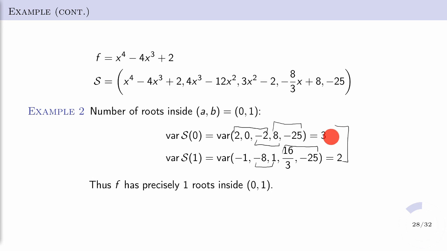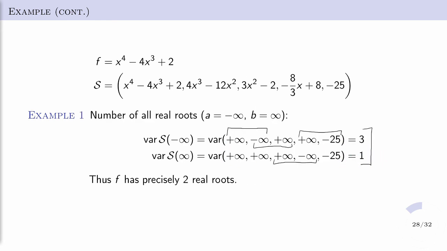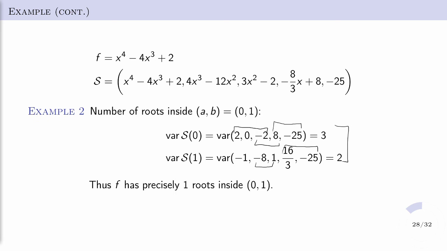So there cannot be any negative roots. So here we have two sign changes, but at infinity we have one sign change. So f has one more root, which is somewhere above 1, between 1 and plus infinity. So the other root of f must be somewhere between 1 and plus infinity. So this is how Sturm theorem works.